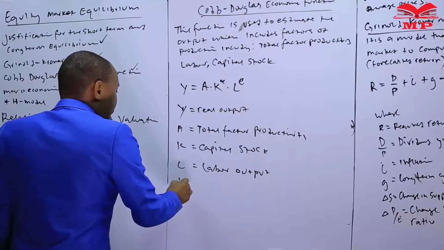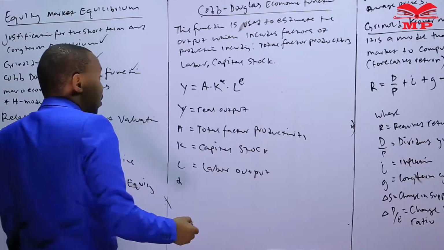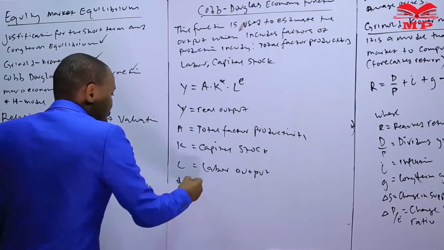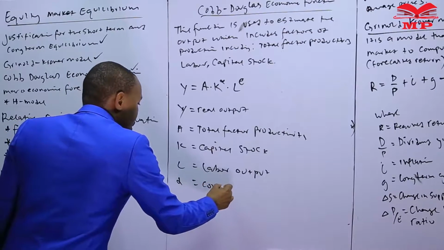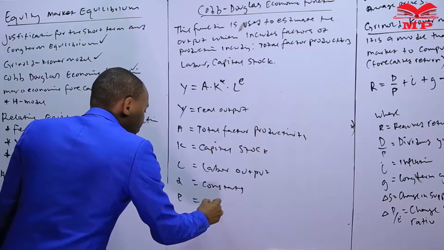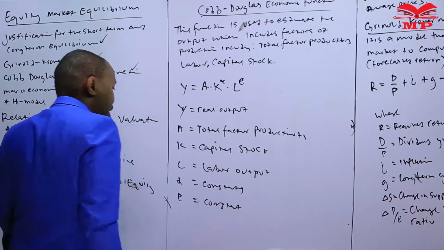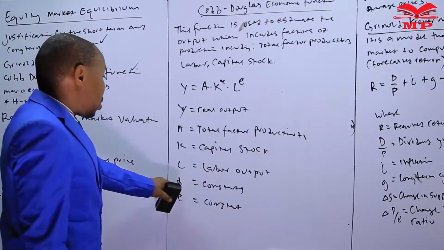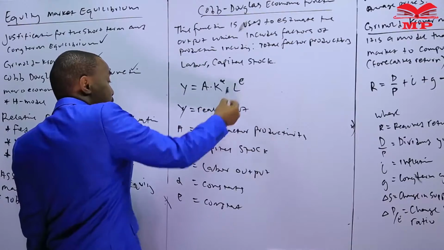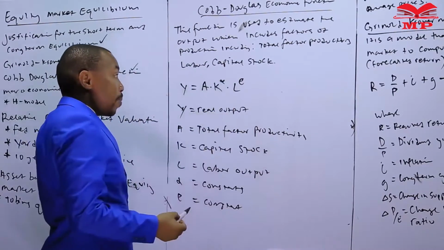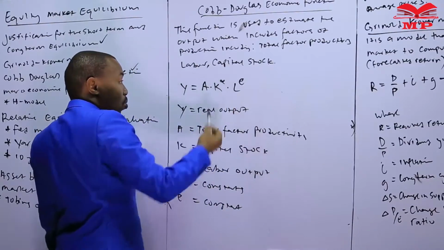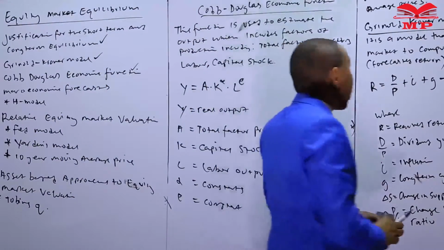Alpha and beta are constants. Alpha is a constant that relates to capital stock, and beta is a constant that relates to labor. They should be given something that is very specific: one constant relates to the capital stock, and the other relates to the labor productivity.